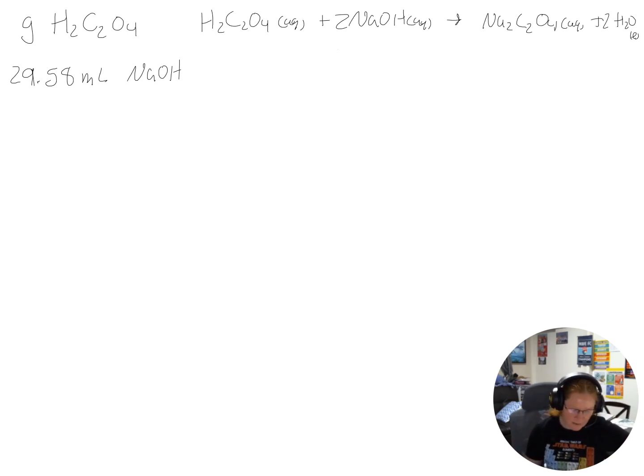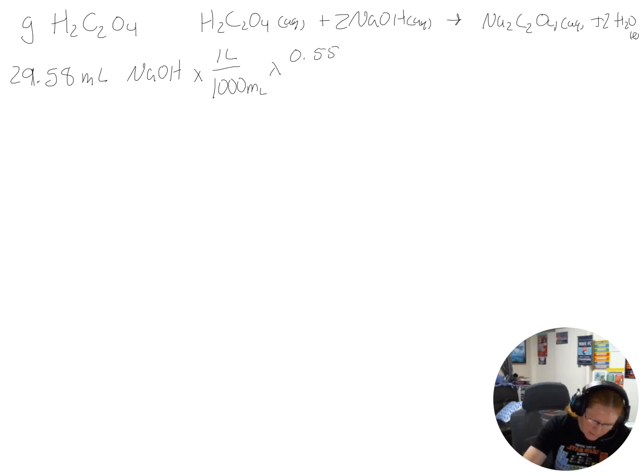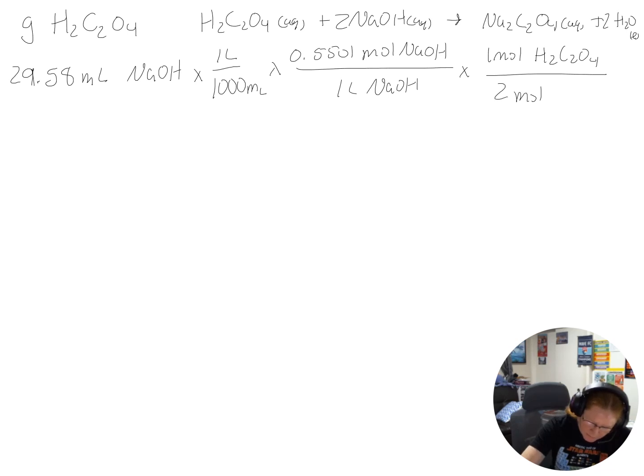All right, so we've got our sodium hydroxide. We have a liter for every 1,000 milliliters. Then we get 0.5501 moles of sodium hydroxide for every 1 liter. We have 1 mole of oxalic acid for every 2 moles of sodium hydroxide.